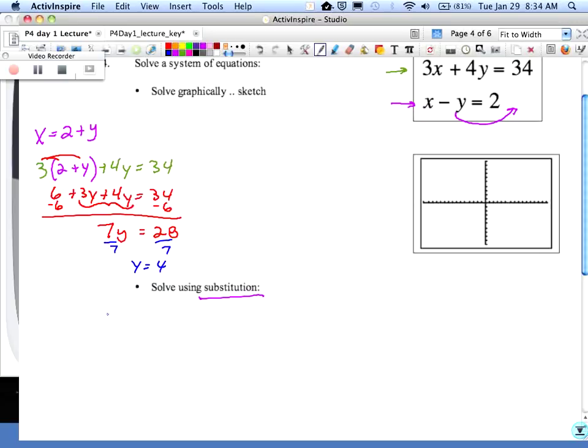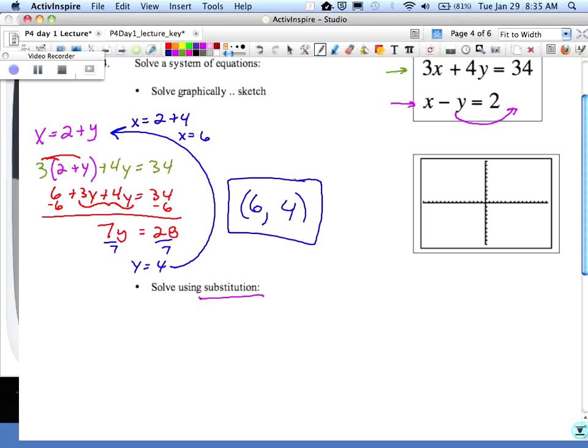I'm actually going to plug it right back here. And this says x equals 2 plus 4. So my x is 6. So that's my answer. We did it by substitution.